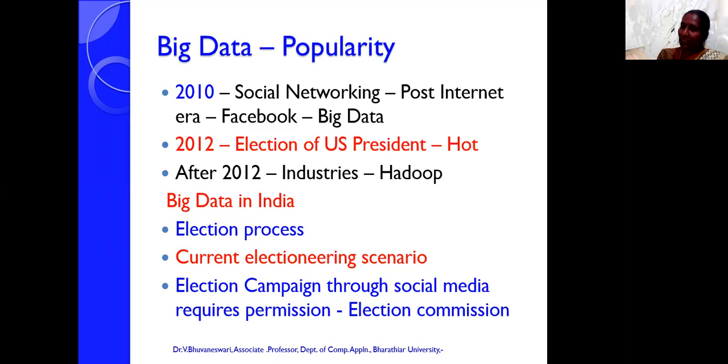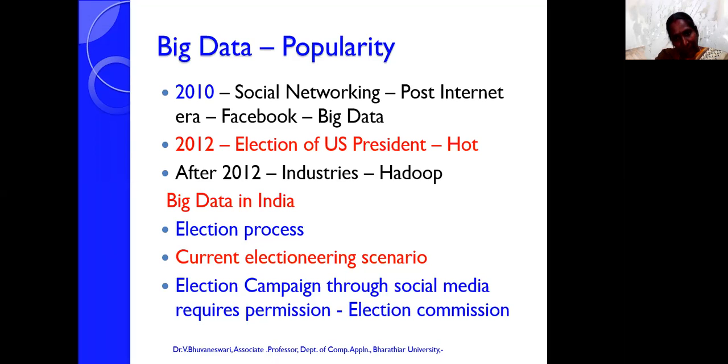The election in the US is totally different from what happens here in India. In the US, every time the president does his campaign, people respond by providing their inputs and opinions on social media, because social media has emerged there. So they tweeted it, they posted their likes.